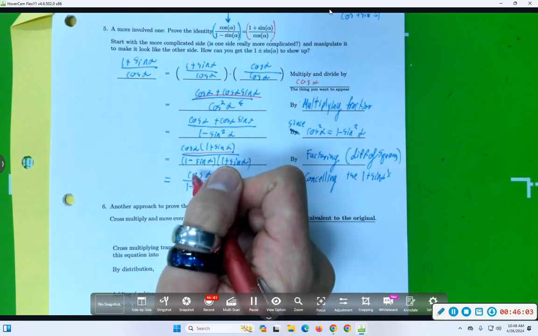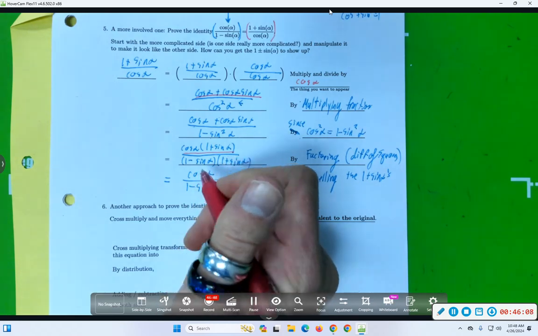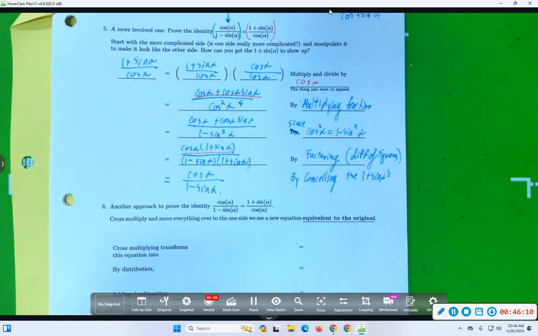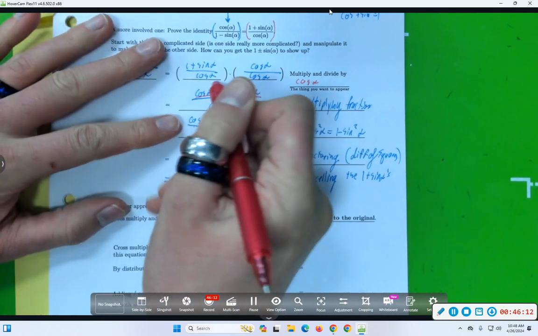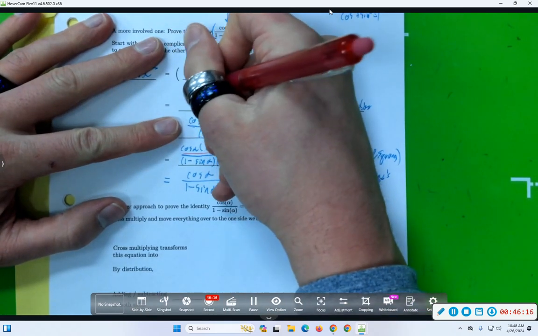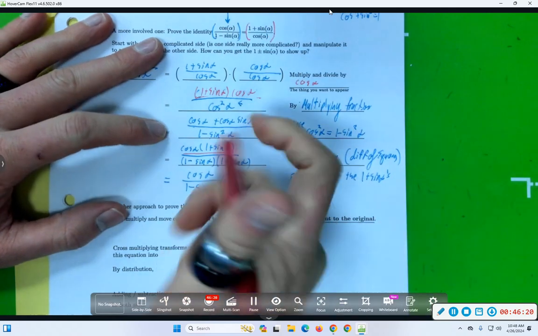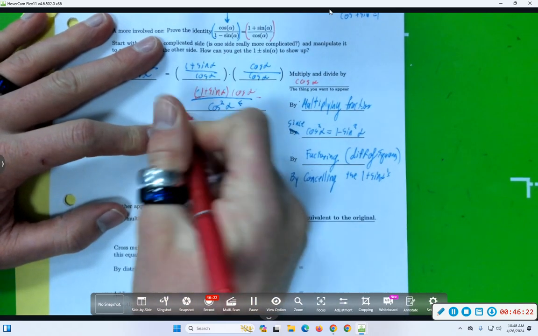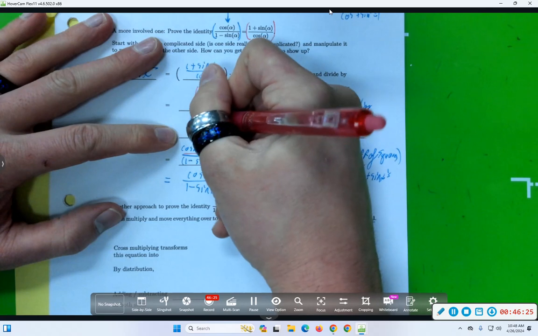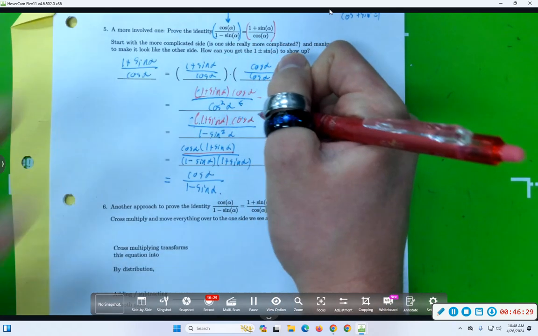Could I have just not done the first one? Yeah. So here's one modification I'll make because this proof could have been simpler: 1 plus sine alpha times cosine alpha. Just don't do the distribution.